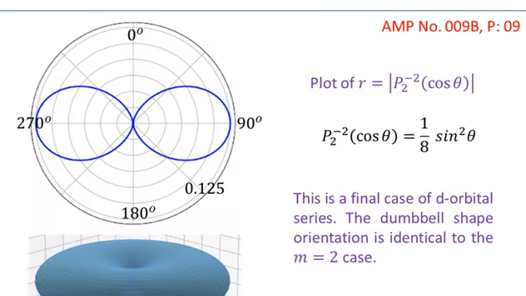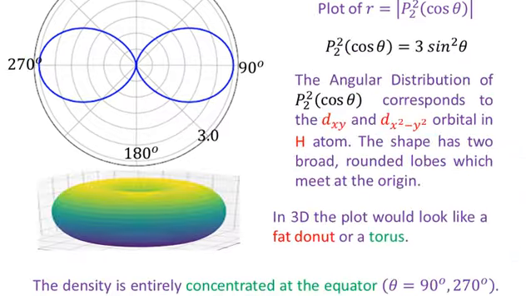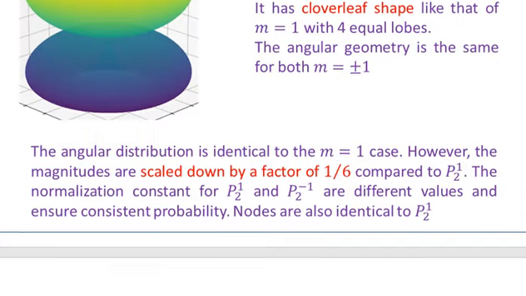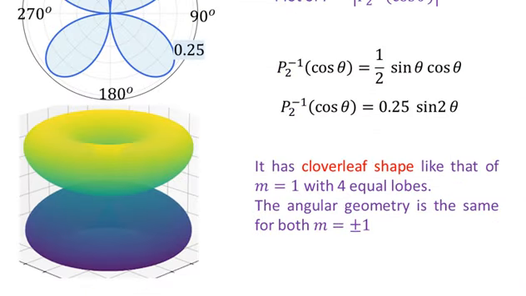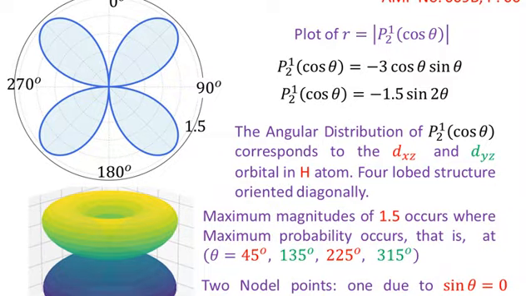So m equal to plus minus 2 is the equator heavy case, because these two bundles are lying along the equator. But this one is in the intermediate range, not lying in the equator, not lying along the pole, but lying along the xz plane and yz plane.